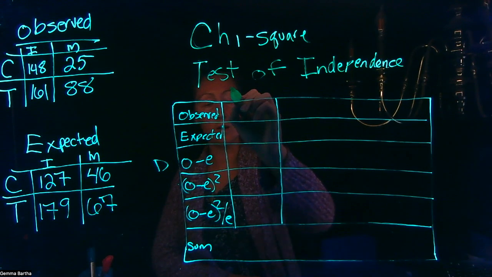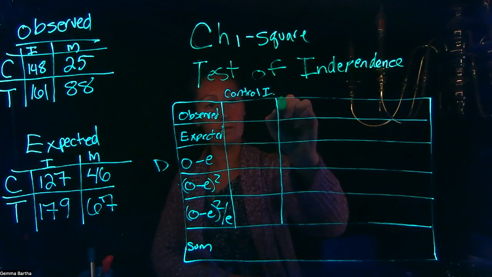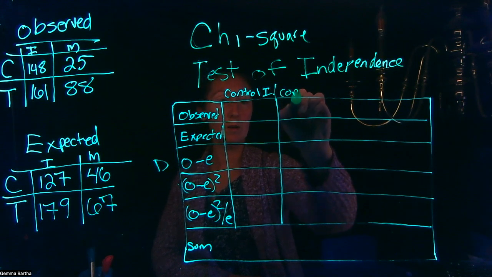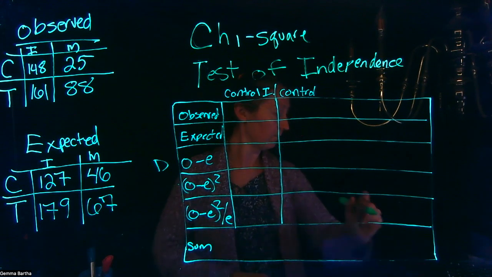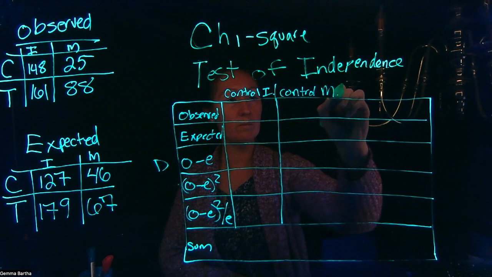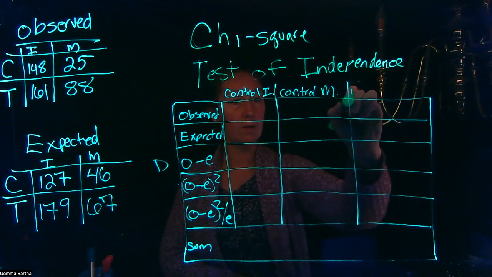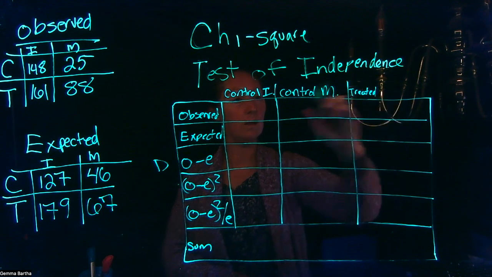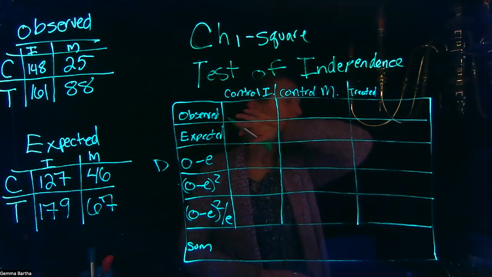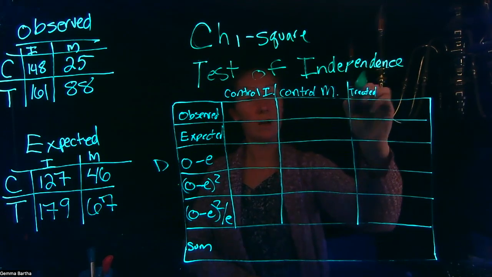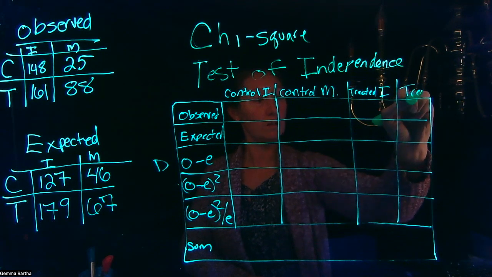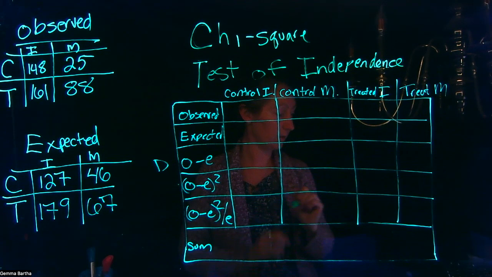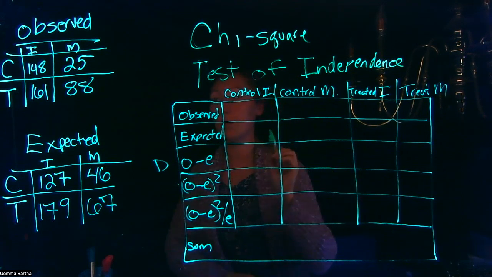So you have your control interphase, you have your control mitosis, we have our treated interphase and our treated mitosis. All right, so why don't we go through our observed?